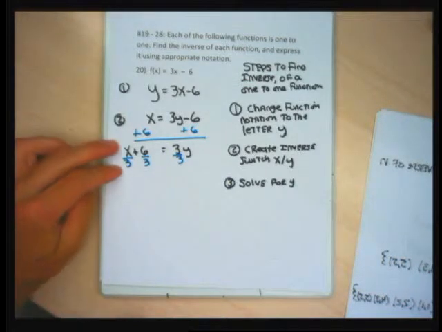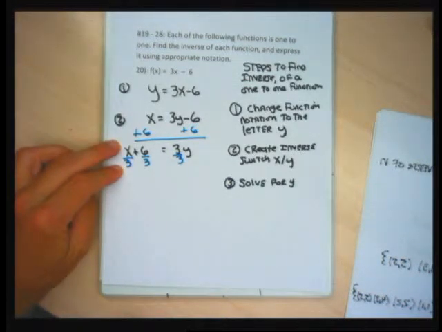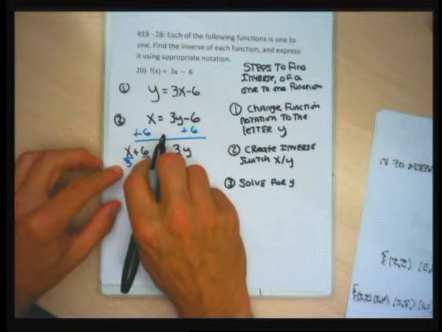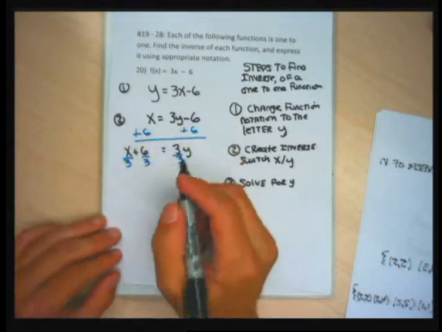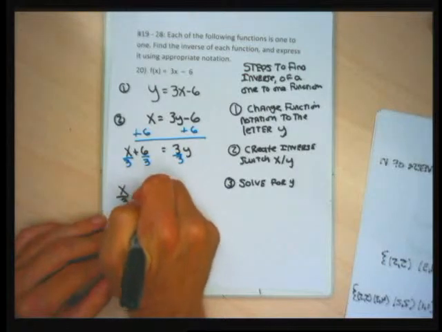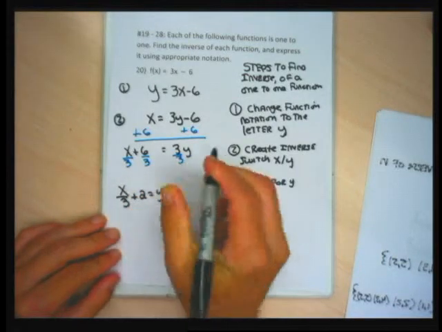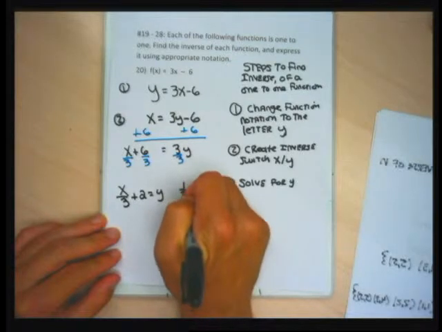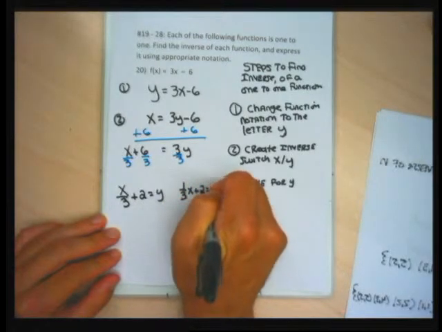The x over 3, you can leave it as x over 3, or you can write it as 1/3 x. You can bring the x to the right of the fraction and put a 1 in the numerator. So I can write x over 3 plus 2 equals y. It's also okay to write 1/3 x plus 2 equals y.